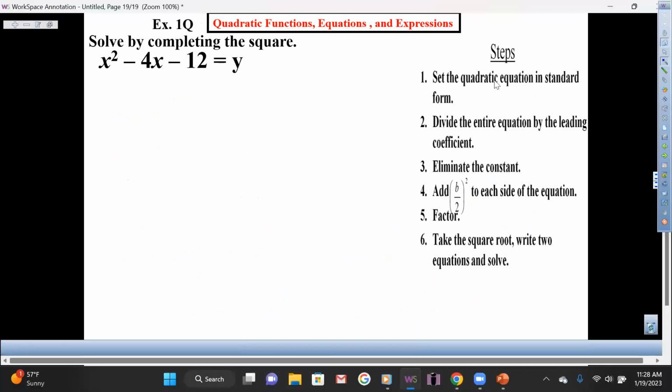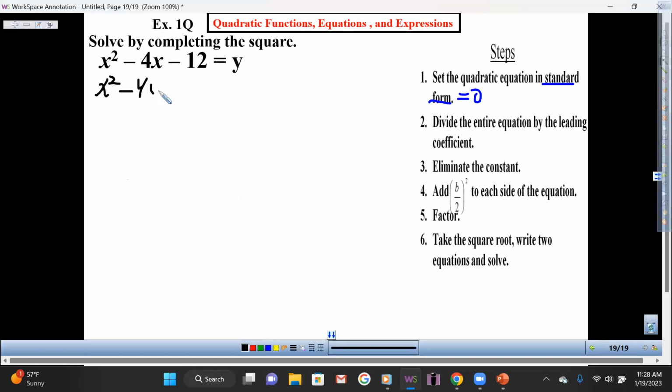So I'm going to get us started. Here we go. Step 1 says standard form, and it has to be equal to 0. So what do we do? We change the y equal to 0. So this is x squared minus 4x minus 12 equal to 0. Step 1 done. Show your neighbor the second step before I call on someone.